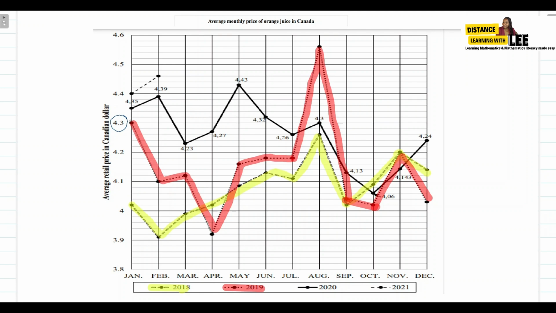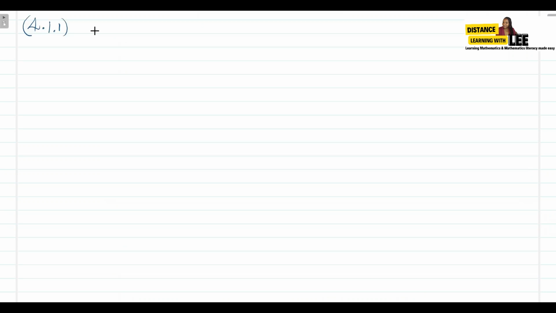And for February 2019, the average retail price for your orange juice in Canadian dollars was what? 4.1 Canadian dollars, right? So we basically want the difference between the prices of the orange juice. Okay.